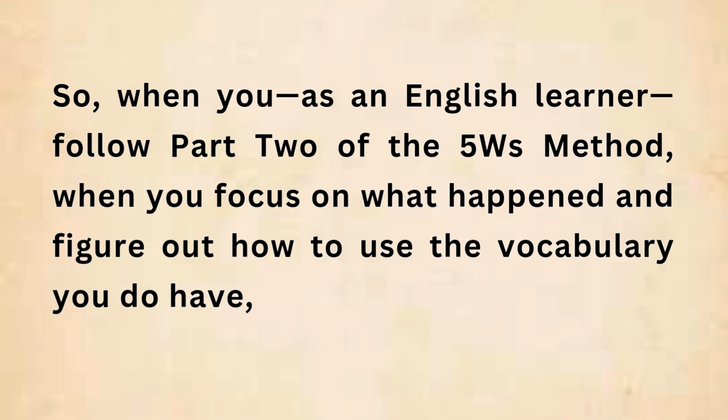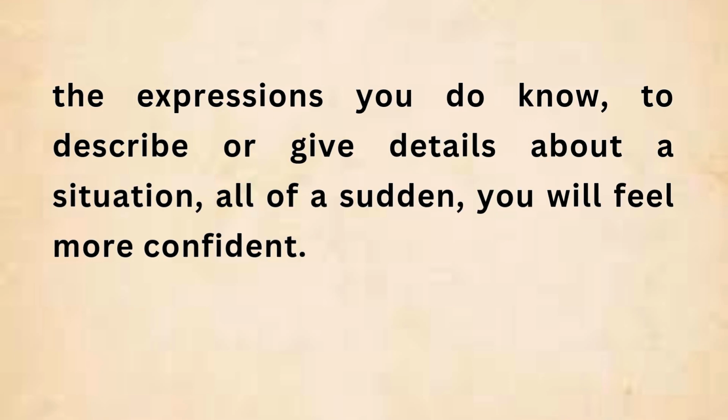So, when you, as an English learner, follow part 2 of the 5 W's method, when you focus on what happened and figure out how to use the vocabulary you do have, the expressions you do know, to describe or give details about a situation, all of a sudden, you will feel more confident.